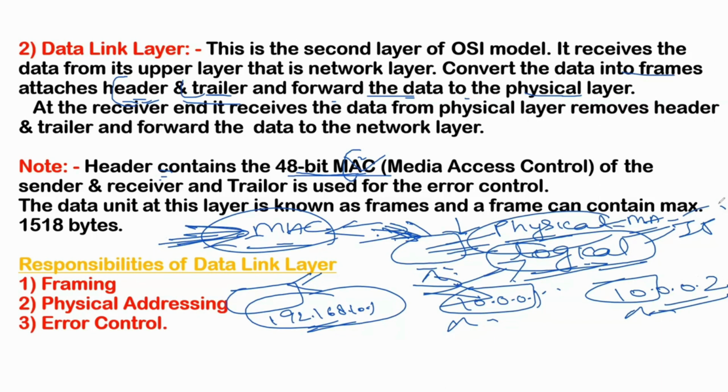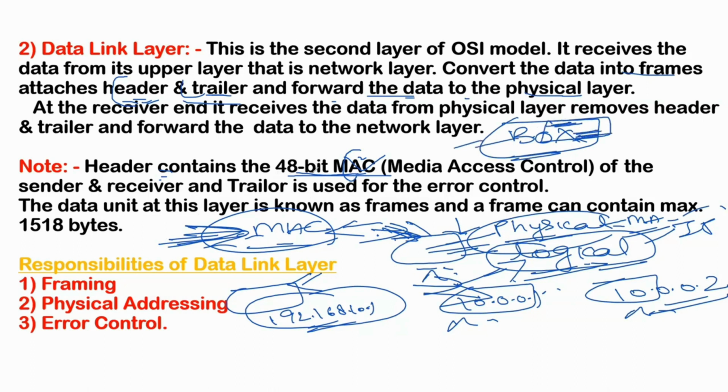Take the example of a box. Suppose you send a box from Delhi to Mumbai, and you put a slip on the box with the sender address and the receiver address.